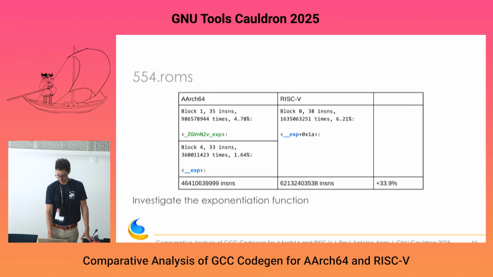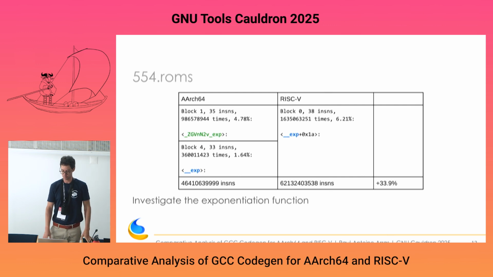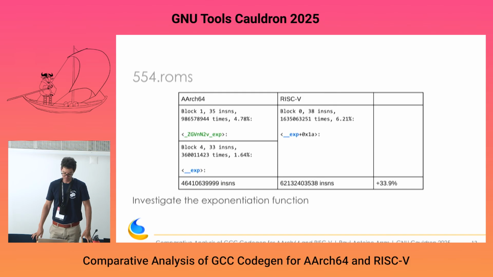I had to go through the AArch64 assembly as well to find the matching blocks. Actually, I couldn't find exactly matching blocks. The closest I could find was those two, block 1 and block 4, and they're actually calling 2 different variants of the same function, and it ended up being much more efficient than RISC-V calling always the underscore exp.